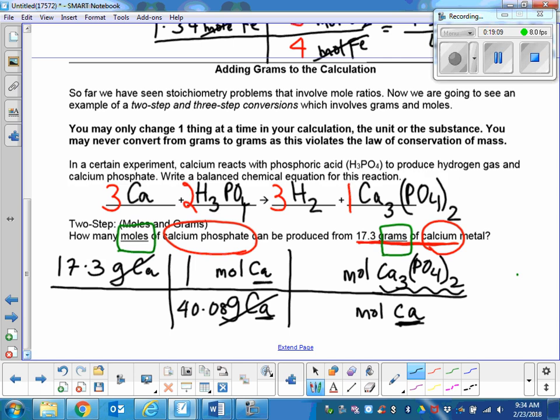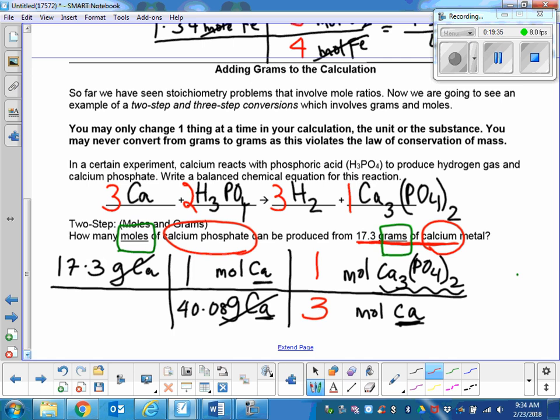When you're switching the substance, where do you get your numbers before mole from? From the balanced equation. That is your mole ratio. Is that right? What is the number before calcium? 3. What is the number before calcium phosphate? 1.